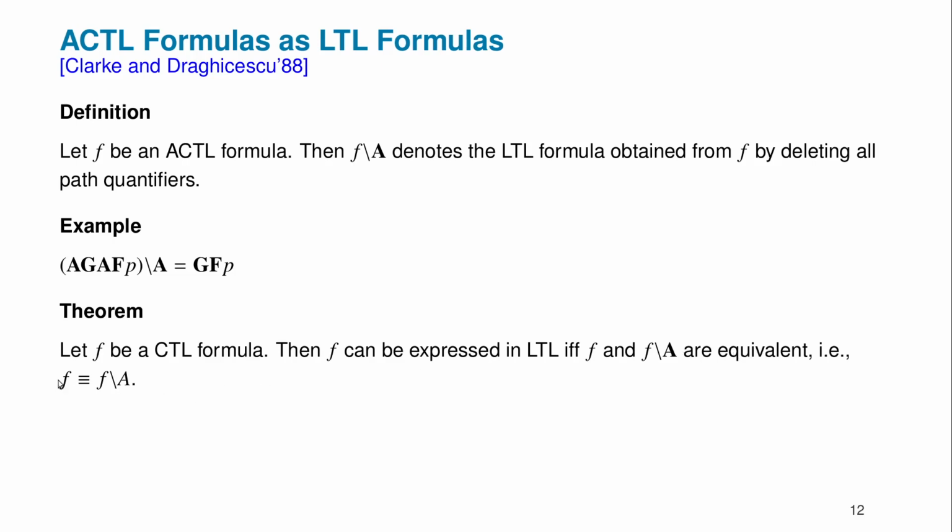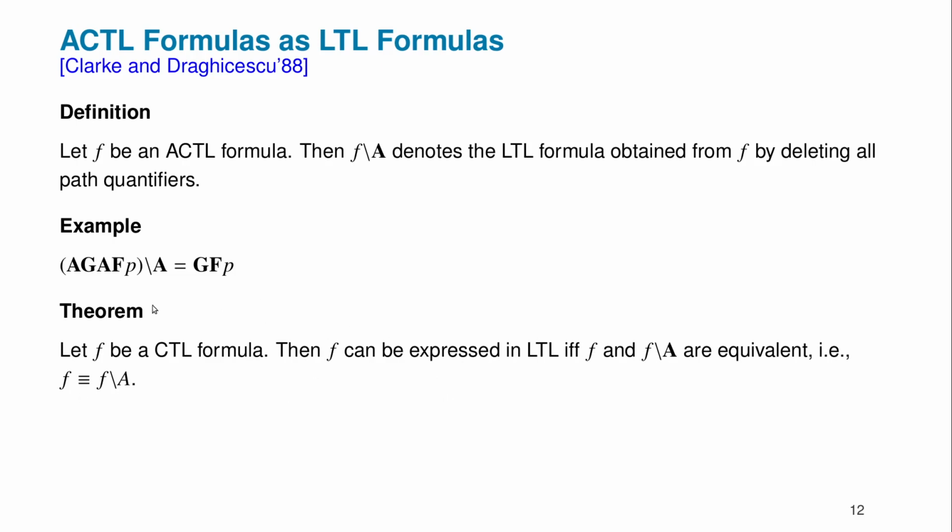So we have to prove this equivalence in order to ensure that F can be expressed in LTL. If we can show, on the other hand, that F and F without A are not equivalent, meaning that we can find a Kripke structure for which one formula holds and the other does not hold, then we can conclude F does not have an equivalent LTL formula, no matter how hard we try to find one.